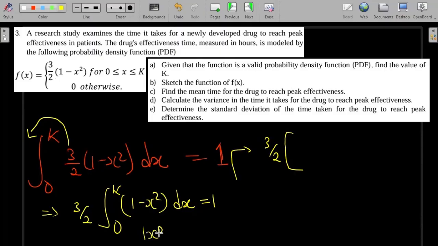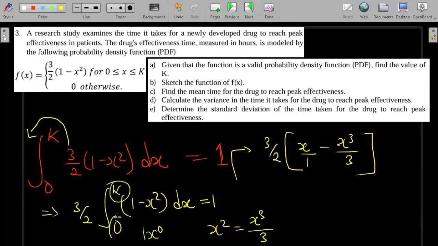So I add 1 to the power, I get x, and divide by the new power, which is 1. Then for x squared, I add 1 to the power to get x to the power 3, and divide by that same power. So it will be x to the power 3 divided by 3, with limits 0 and k. This should be equal to 1.